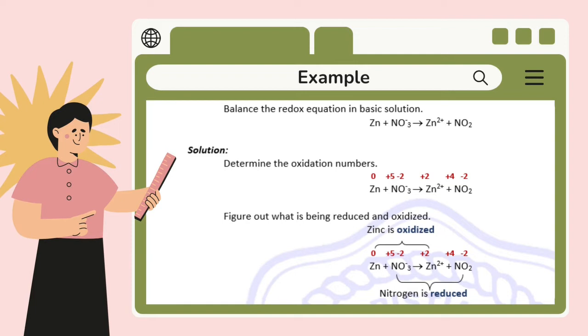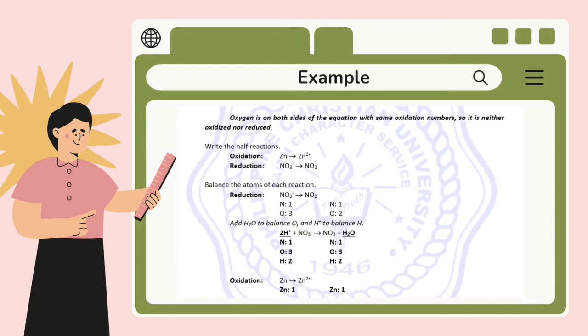With that, nitrogen is reduced, meaning to say it has gained an electron. Oxygen is on both sides of the equation with the same oxidation number, so it is neither oxidized nor reduced.